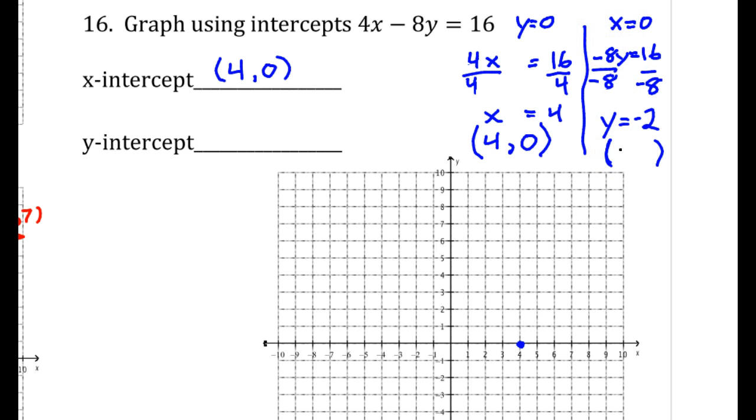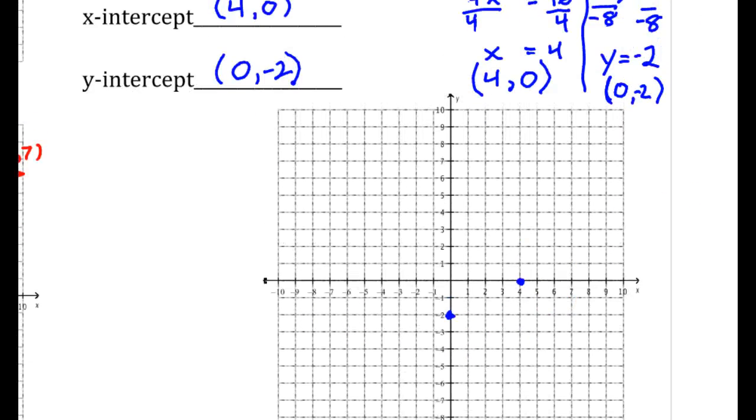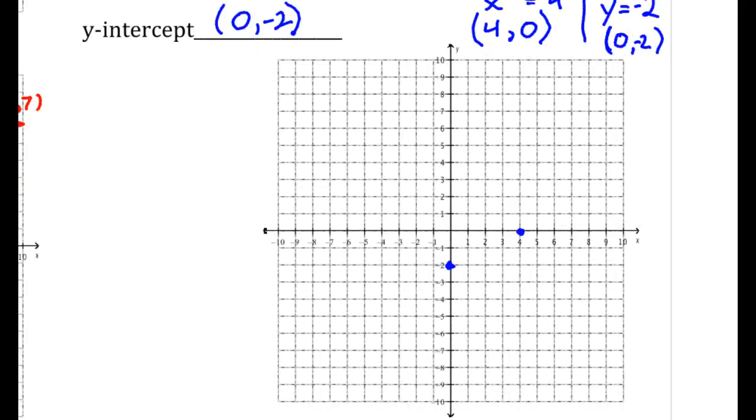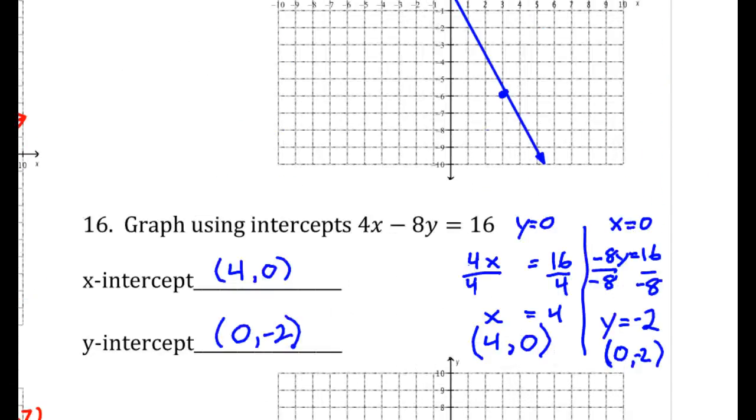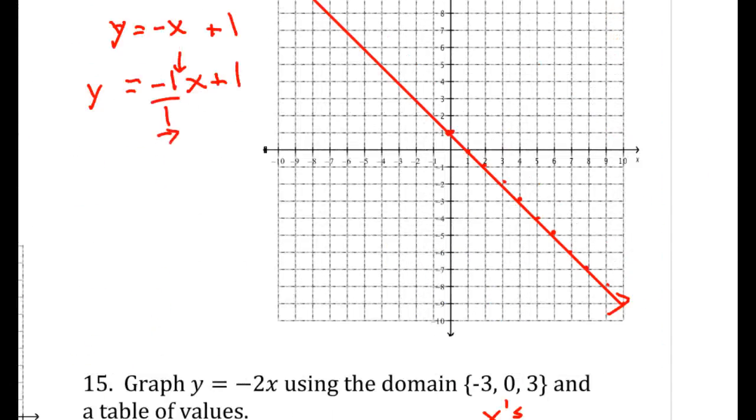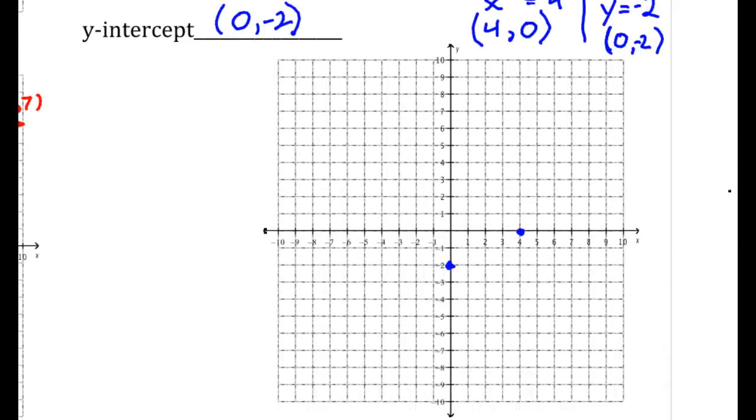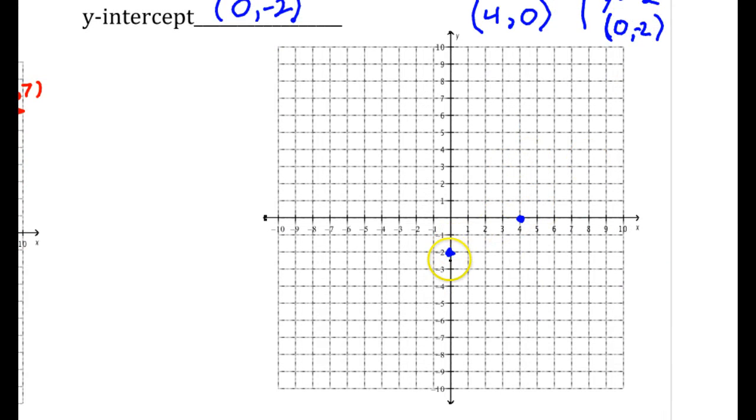X is 0, and then y equals -2. So we know there's the other one. And based upon that, draw a line through it for your graph. So many different methods. We did slope-intercept. We did use a table with the domain. We did graph by using intercepts.